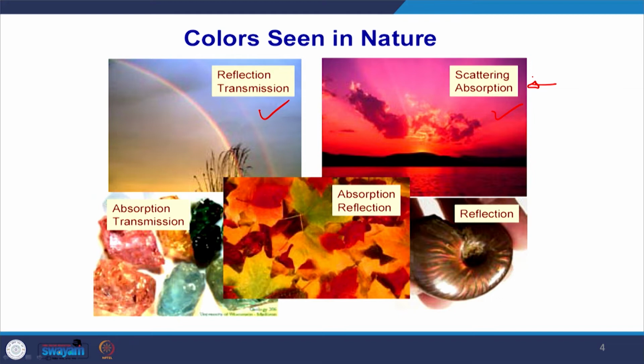Due to absorption and transmission you can also see various colors of rocks and minerals. So in nature, the different colors we see, we see because of these processes taking place in the atmosphere or with the object when the ray travels from the sun to our eye or maybe to the sensor.